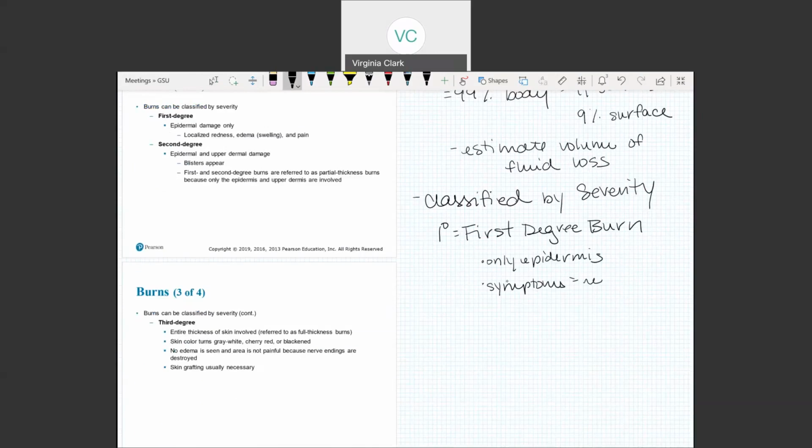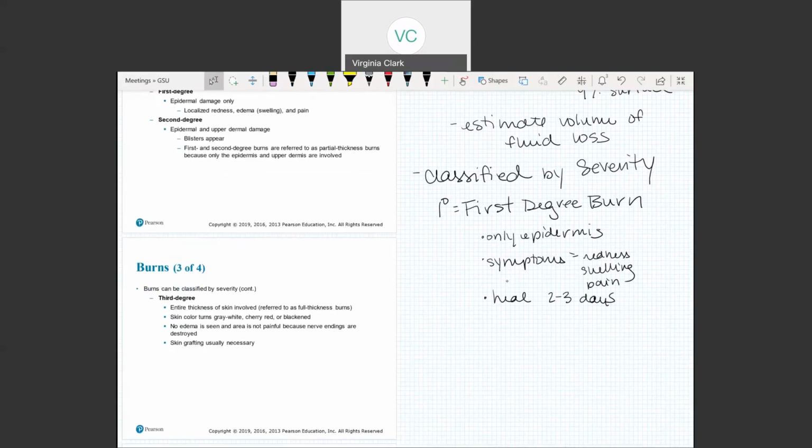So it's going to be redness, but just localized to the area. It'll be swelling, and it'll be pain. Think about a sunburn. A sunburn is an example of a first degree burn, but these will also heal in 2 to 3 days. They're uncomfortable. It's only the epidermis. You just have red, swelling, and some pain. That's a first degree burn.